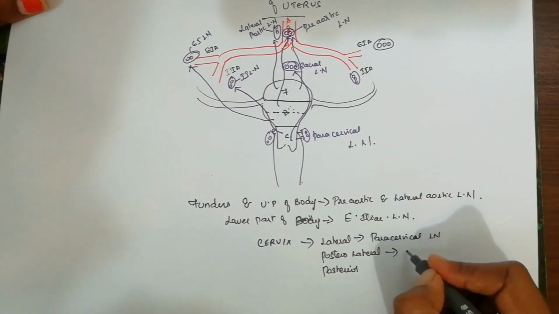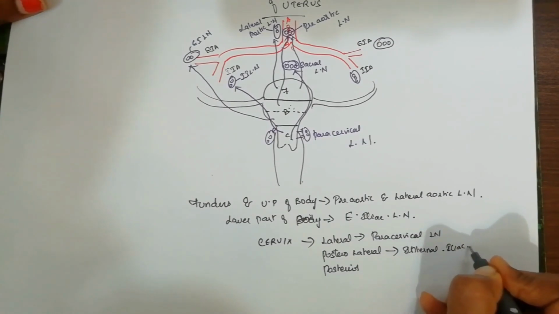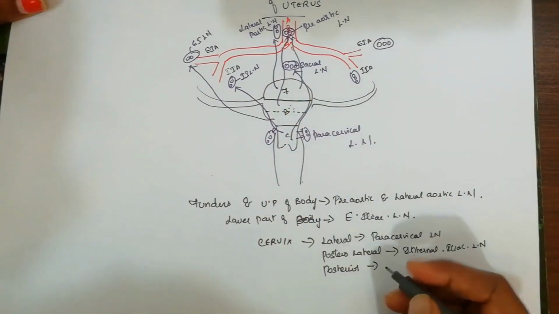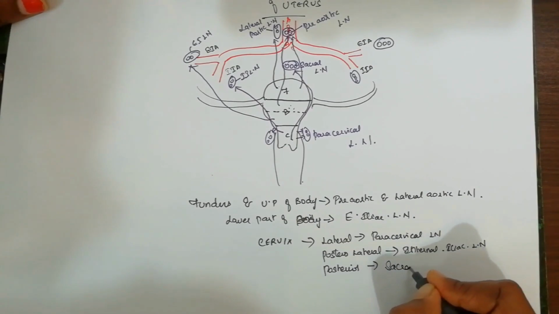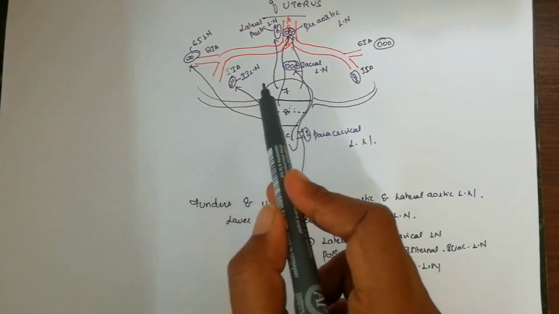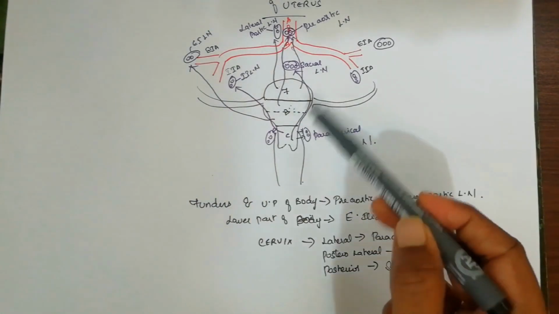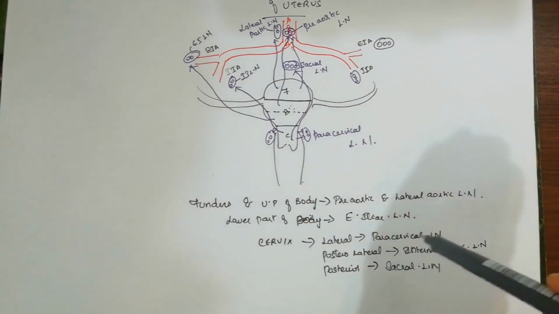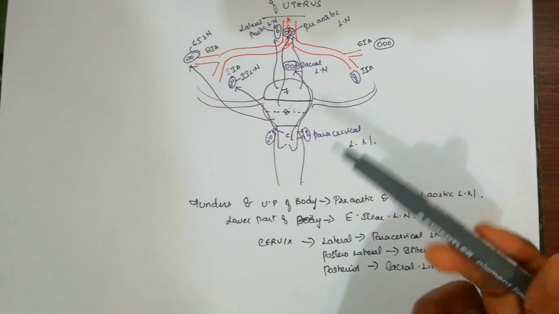Posterolateral gets drained into internal iliac lymph nodes. The posterior-most goes posteriorly, so get an imaginary idea of how it is. Posteriorly it is getting drained into sacral lymph nodes. So this is how the whole drainage of the uterus happens. These are the divisions we have: fundus and upper part of body to pre-aortic and lateral aortic, lower part of body to external iliac lymph nodes, and the cervix in these three ways.